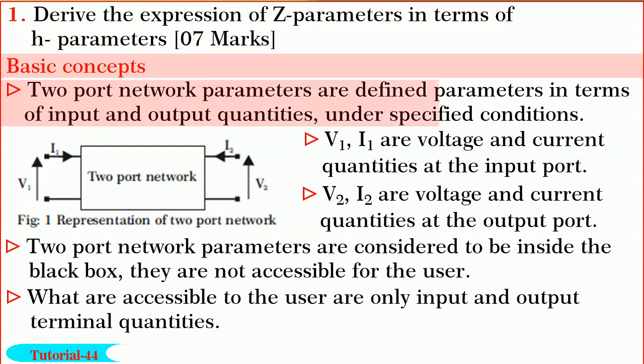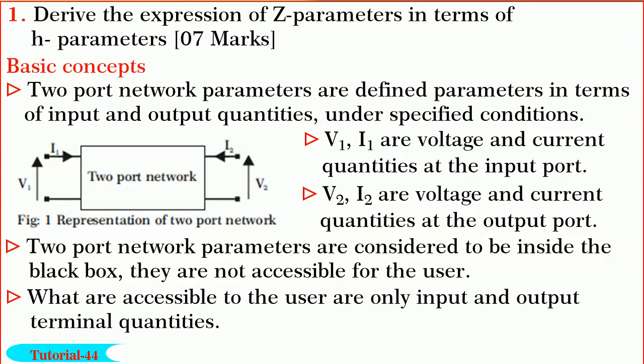Two-port network parameters are defined in terms of input and output quantities under specified conditions. Consider the block diagram of a two-port network shown in the figure. V1 and I1 are the voltage and current quantities at the input port. V2 and I2 are the voltage and current quantities at the output port.